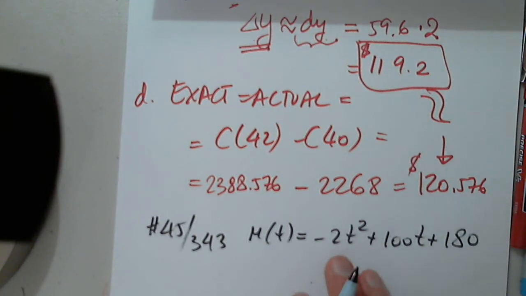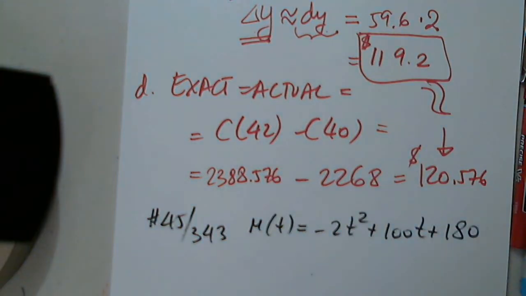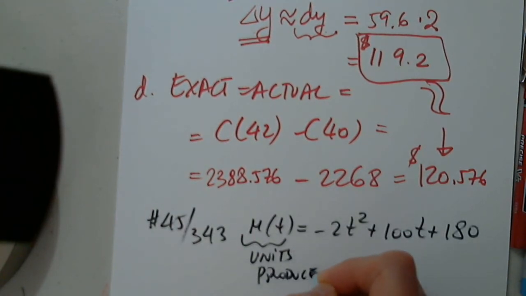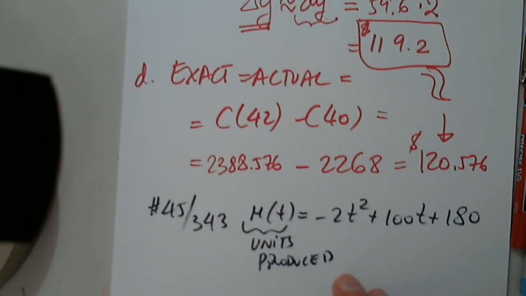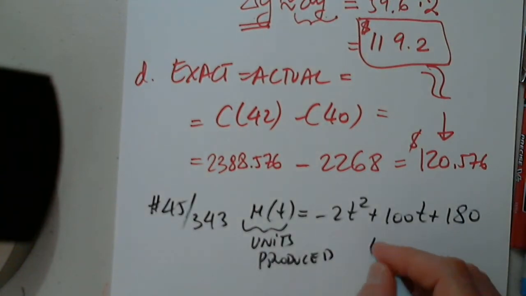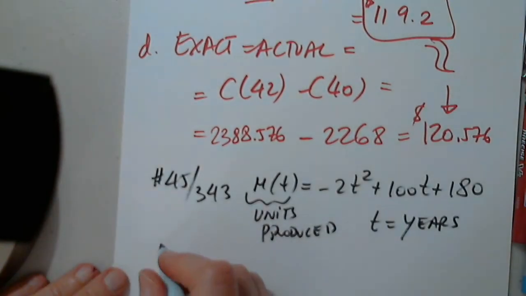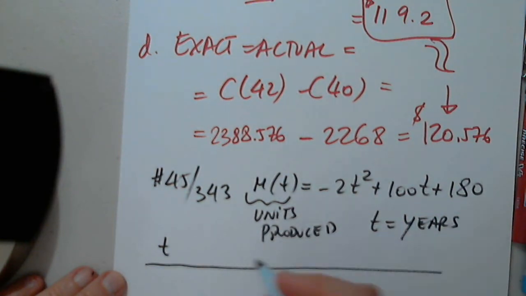So now let's see the measurement units here before we continue. Number of units produced is found to be a function of number of years. So t in years. Okay, so they want us to find the productivity and always think in terms of a table to organize it.